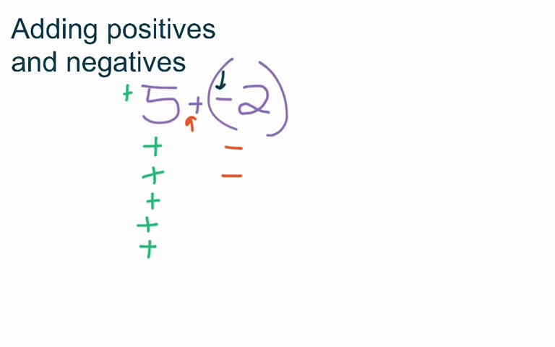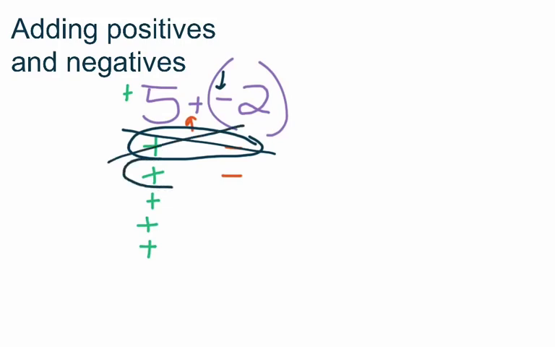This is where our vocab term of neutral pairs really comes in, because we're going to start creating some neutral pairs. A neutral pair is a positive and a negative that cancel out. I like to circle this first positive and this first negative, and we know those cancel out, because if I have a positive and a negative, I have 0. Then this next positive and negative cancel out, because one positive and one negative makes a neutral pair, and the neutral pair equals 0.